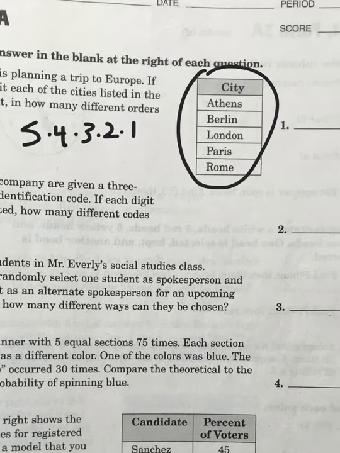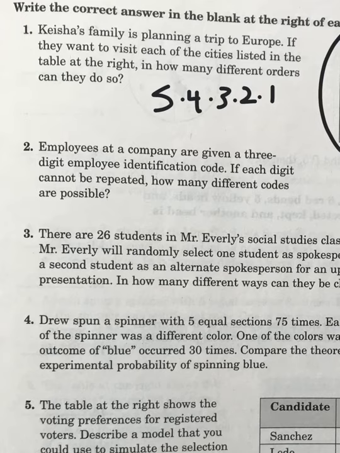This next one's just a little bit confusing, but it really isn't that bad. So they're given a 3-digit employee identification number. They have all the digits. So you have 0 through 9, and I'm guessing that they're going to say it can only be 9 because they wouldn't have the 0 in there. So if, well, maybe they would.